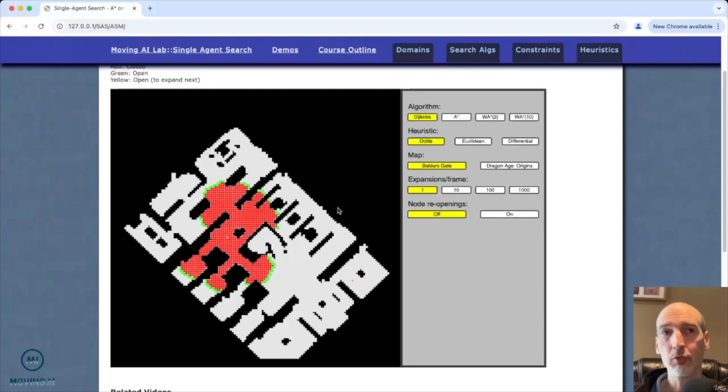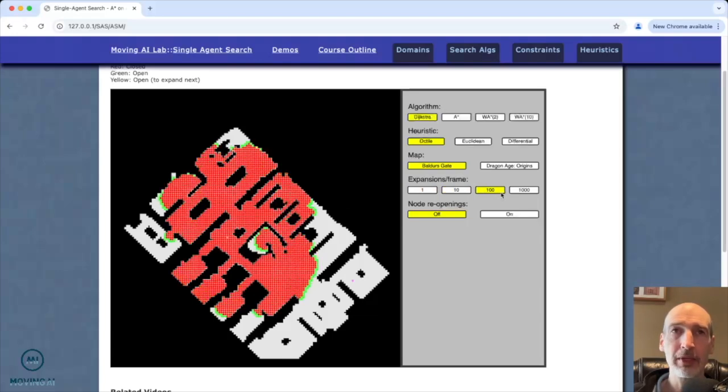It is designed for undirected graphs, versus ALT, which is designed for directed graphs. We can choose how fast the search goes; it's fairly slow here, so if we want to animate a little faster, we can speed up the search. We can also turn node reopenings on and off, and we'll talk about that in a second. When we're done, the path is drawn here in a thick blue line. So here are some of the things we see.